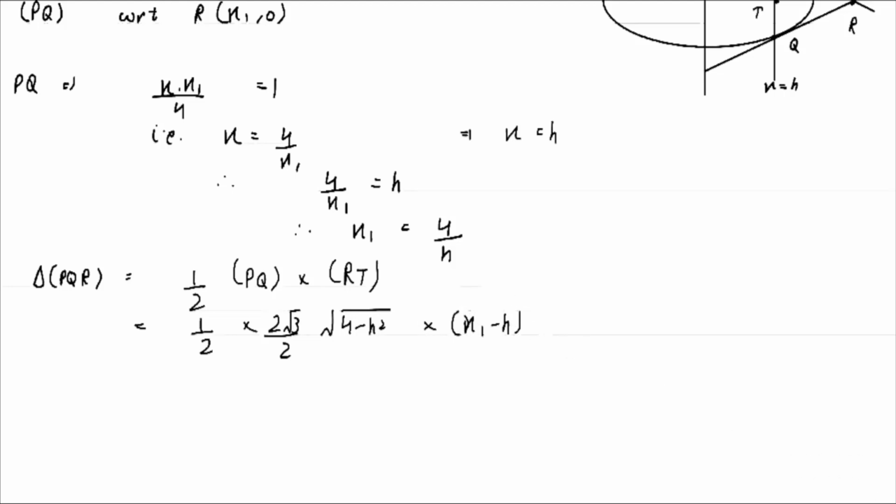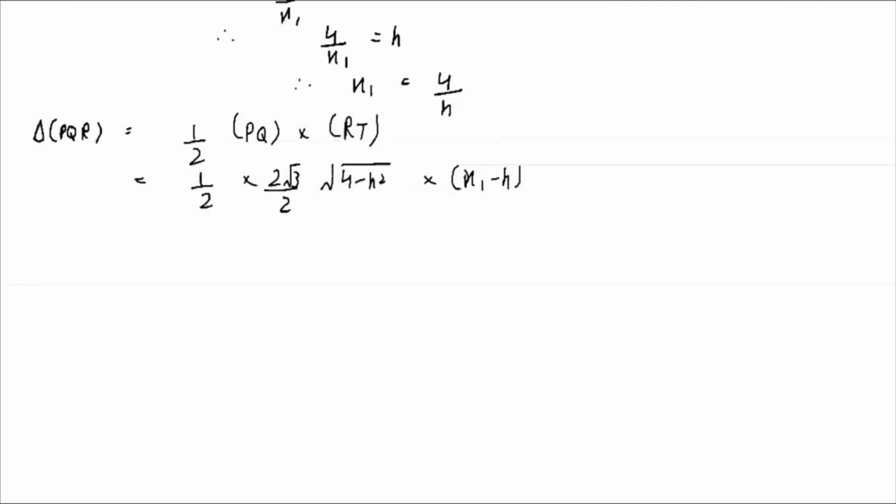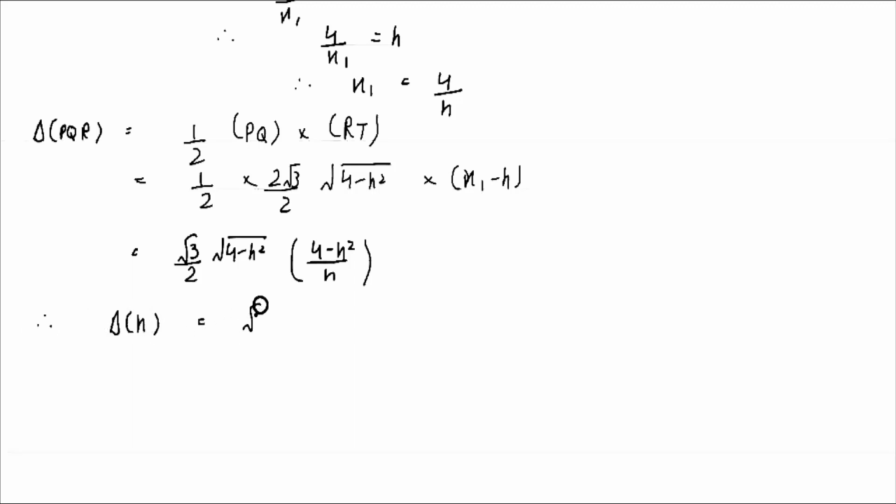So using the value of x1, we get this as equal to root 3 by 2 into under root of 4 minus h square into 4 minus h square divided by h. So finally we get delta h as equal to root 3 upon 2h into 4 minus h square to the power 3 by 2.